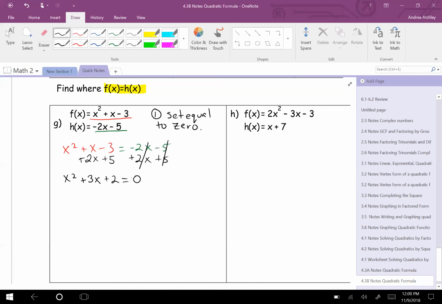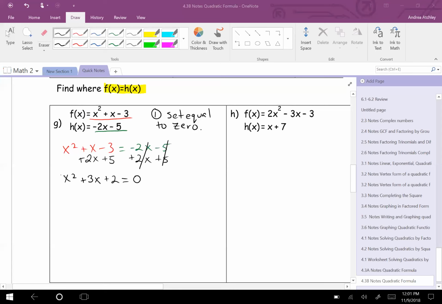The quadratic formula, and then there's one more. Look at your 4.2 notes and see what its title is. By square rooting. So this one we can't square root because I have that x squared and the x.